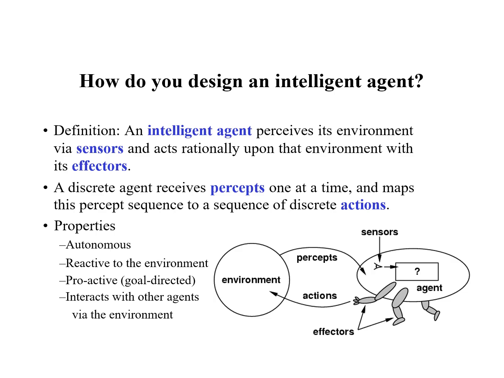So, an intelligent agent has the following properties. It must be autonomous, it must be reactive to the environment, it must be proactive, that is, goal-oriented, and it interacts with other agents via the environment.